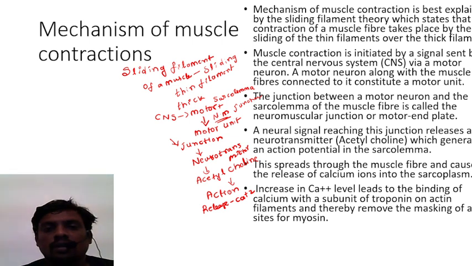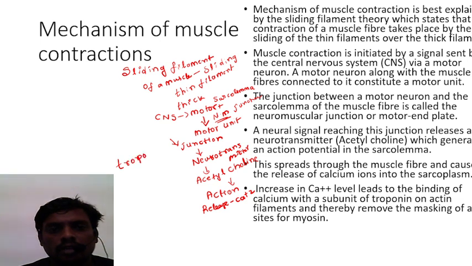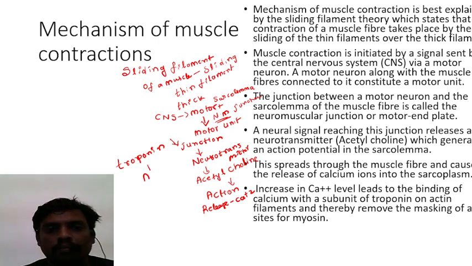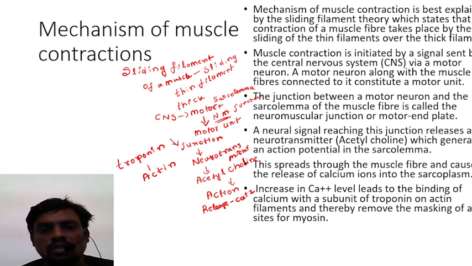When these calcium ions continuously spread, they bind to the subunit of troponin on the actin filament. Actin filament contains troponin, and thereby they remove the mask that is present for myosin.